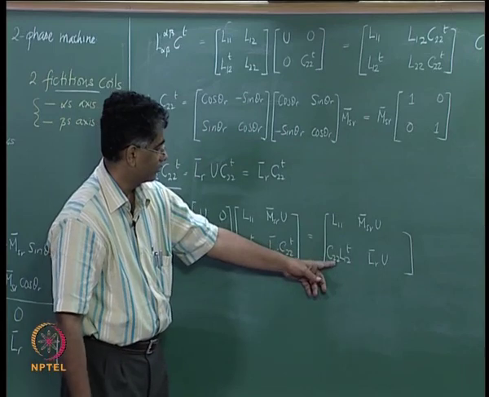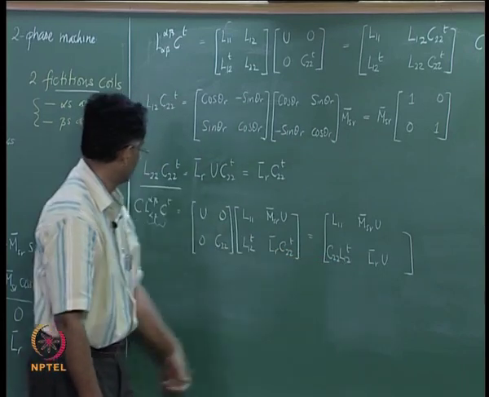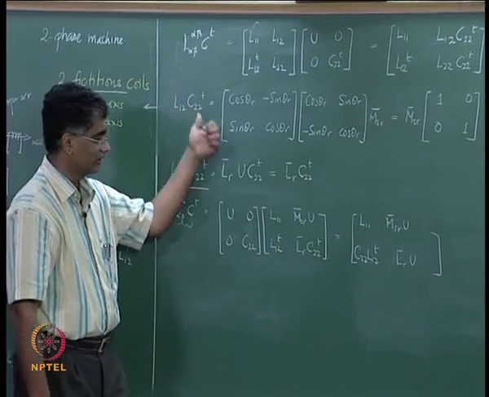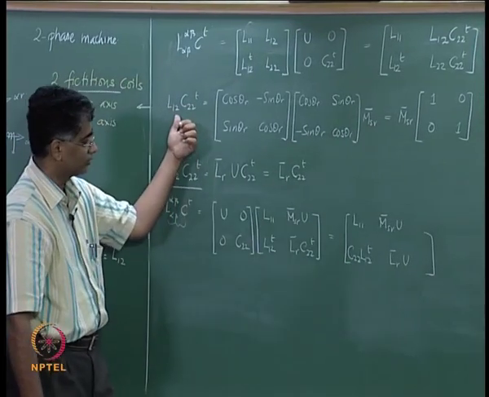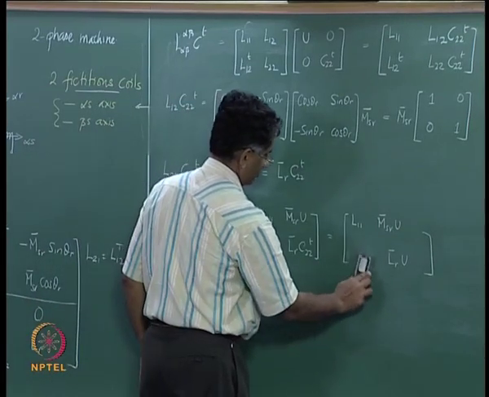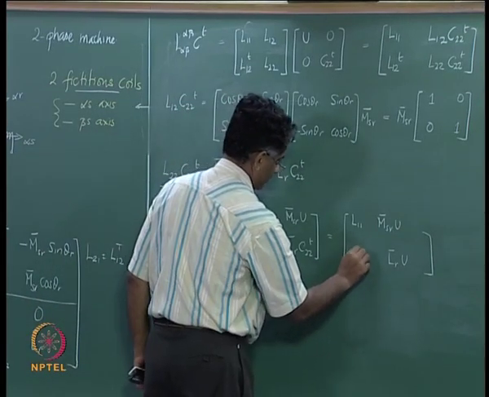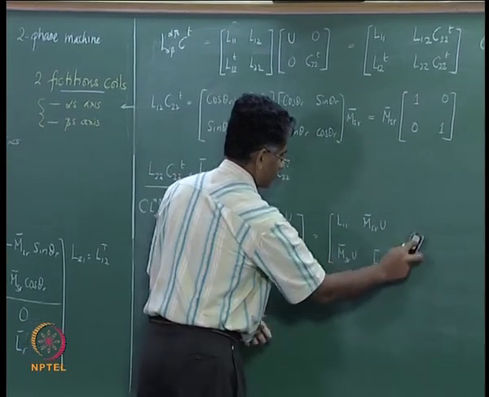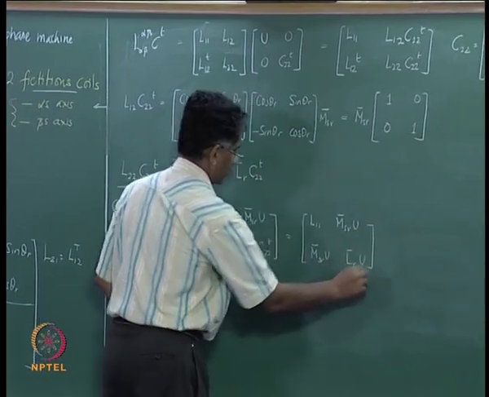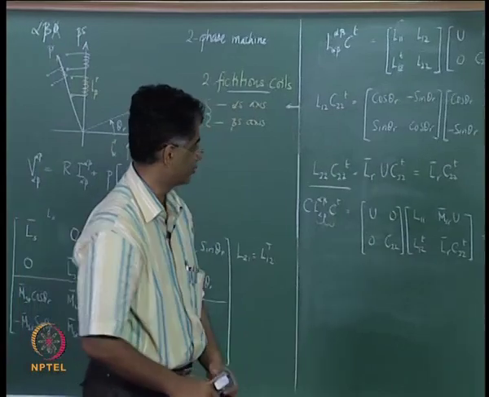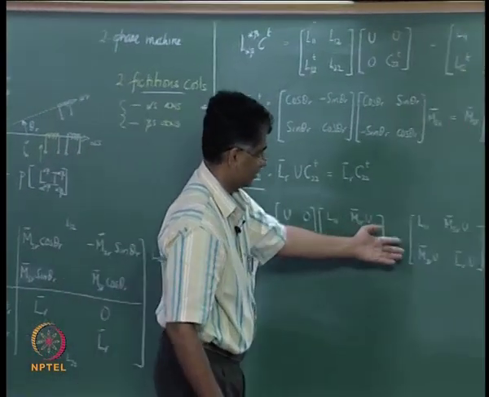Here you have C22 into L12 transpose, we have already determined L12 into C22 transpose. So this term is nothing but the transpose of this, and this is already MSR into U, and therefore this is nothing but MSR into U. So we have determined what is C L alpha beta into C transpose, that is nothing but this matrix.